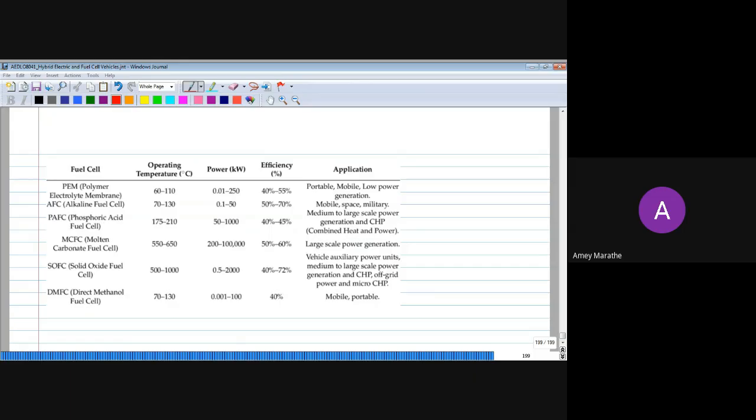So if you want to see a typical configuration of a fuel cell electric or hybrid drivetrain, let me write down a typical configuration.